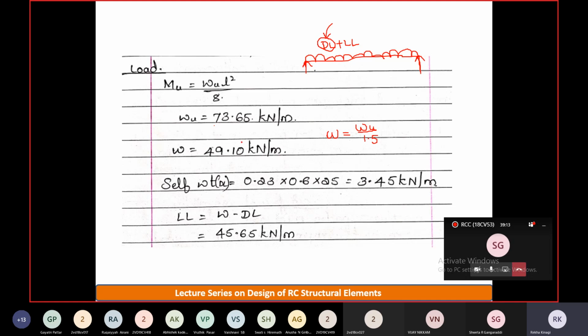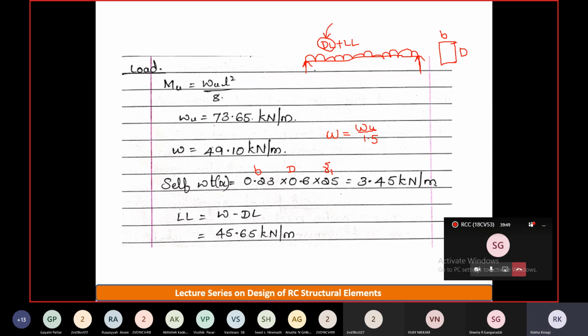Out of this 49.1 kilonewton per meter, we are going to deduct the dead load. So how to calculate the self weight? Self weight of the cross section. If we consider the cross section here, this is b, this is overall depth D. So b into D into unit weight of RCC.